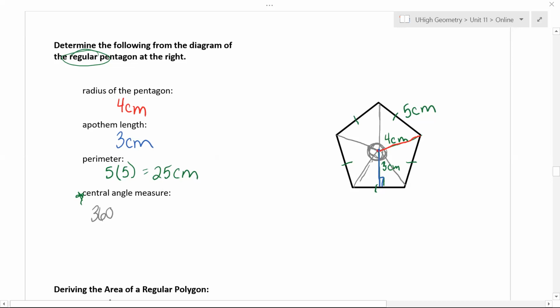So if I just want one of those angles, I've only gone 1/5 of the way around that center. So to find the central angle measure, I can do 360 degrees divided by this 5 here, which is the number of sides. So I would find that this is 72 degrees. So I can put that in here, that I have a central angle measure of 72 degrees.